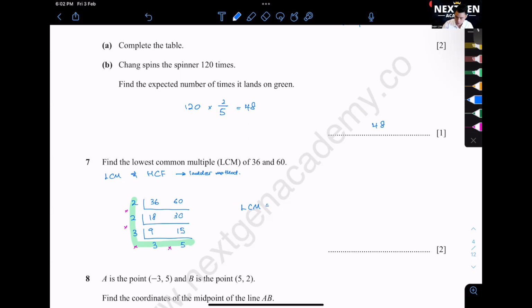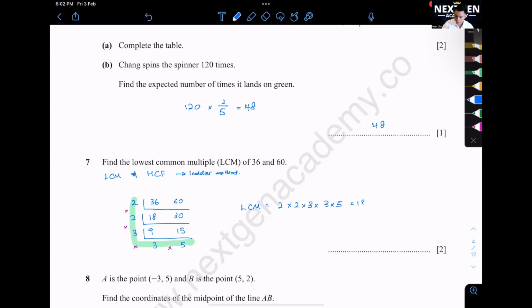So 2 times 2 times 3 times 3 times 5. You can call it the ladder method or L method.